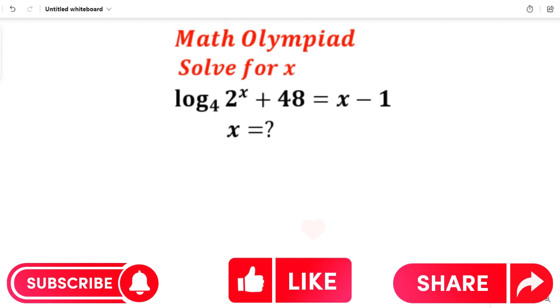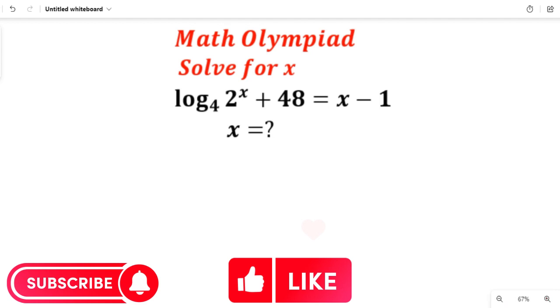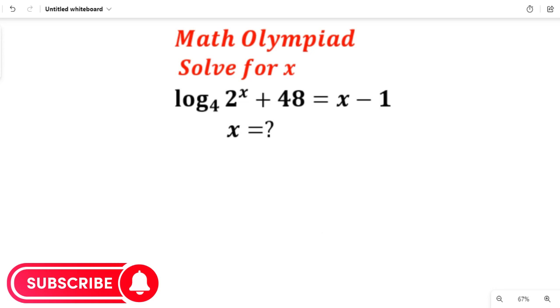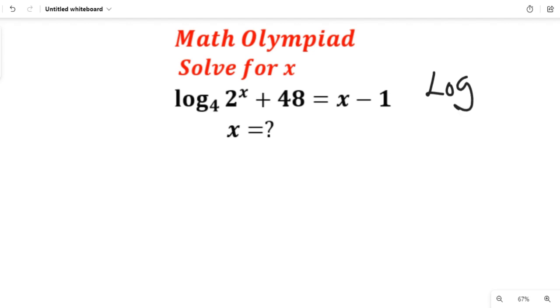We're going to solve this question by applying the rules of logarithm. According to the rules of logarithm, if we have log of a to base x equal to 2, we can have x equal to a to the power of 2. I will apply that here.